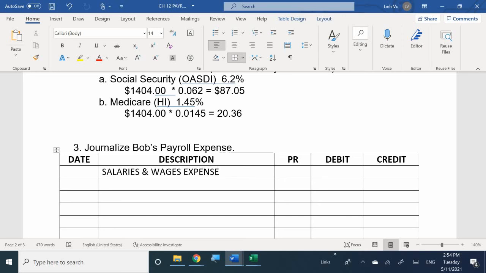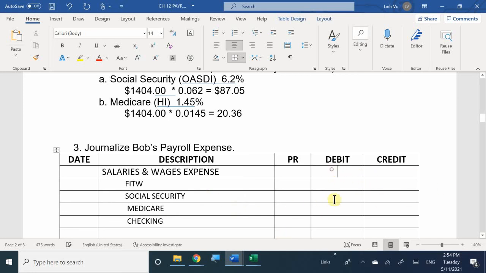And then federal income tax payable, federal income tax withholding. What else? Social Security, and what else? Medicare. And of course, last but not least, Checking. Yes, you have to pay Mr. Bob. Okay? So let's go ahead and calculate this.